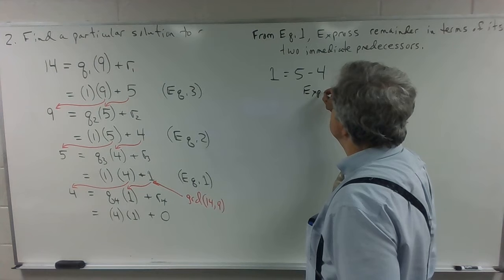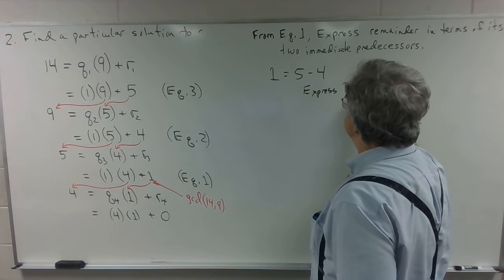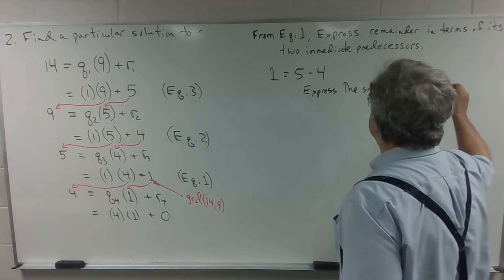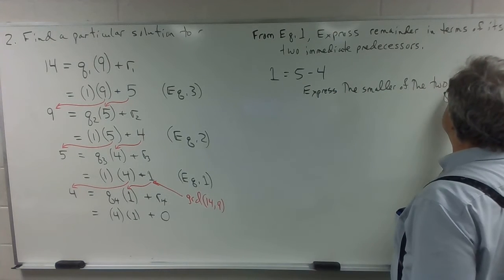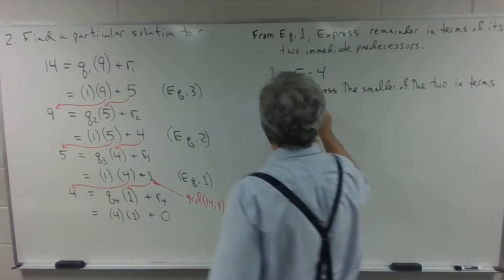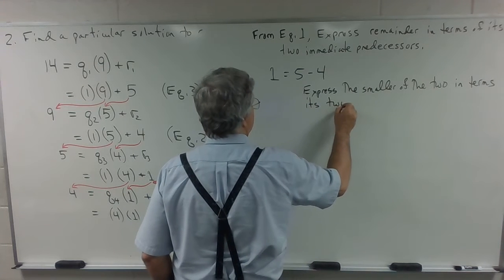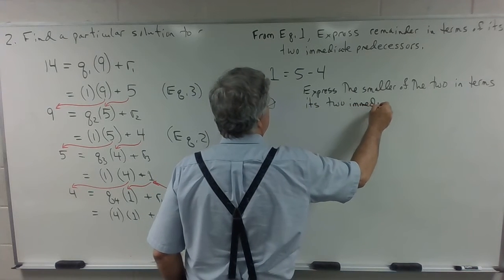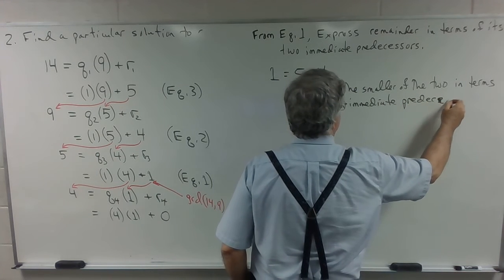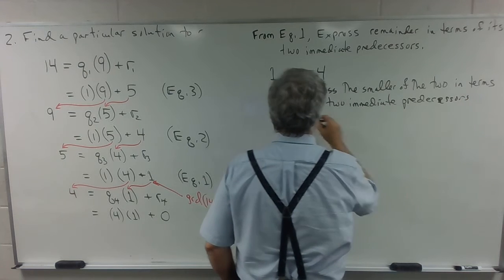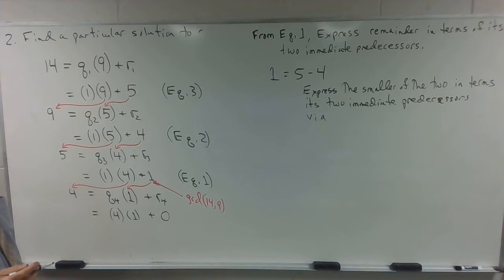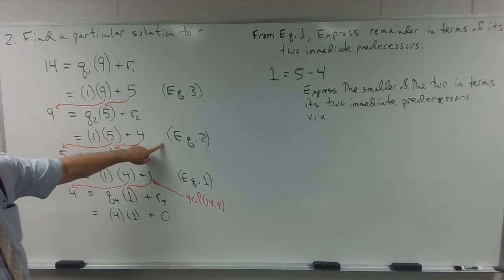And we express the smaller of the two, 4 and 5, in terms of its two immediate predecessors, using equation 2.